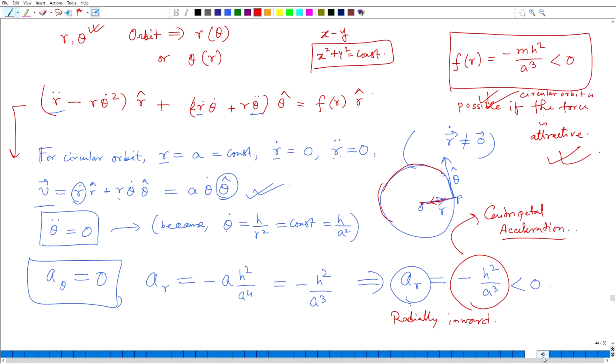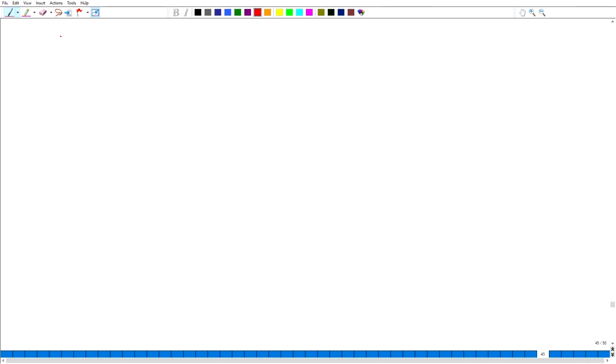Actually, for deriving a general expression for obtaining the trajectories, what we will have to do is the following. We have this dr dt and d2r dt2 in the equations of dynamics.